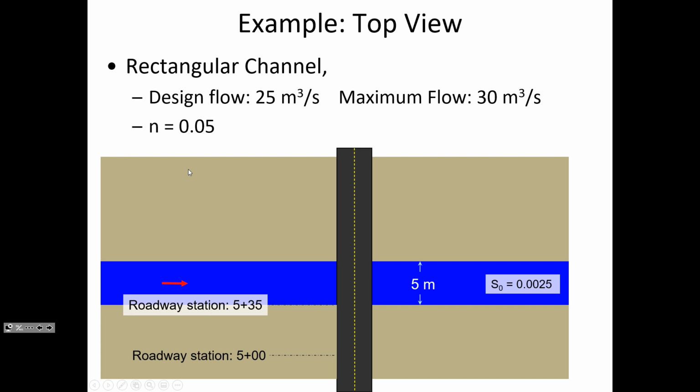So here's the road, the pipe you can see. And so the width, if the water was going to be overtopping, it would be flowing over a 5-meter width. That would be the crest length, as it's called, if this was acting as a weir.